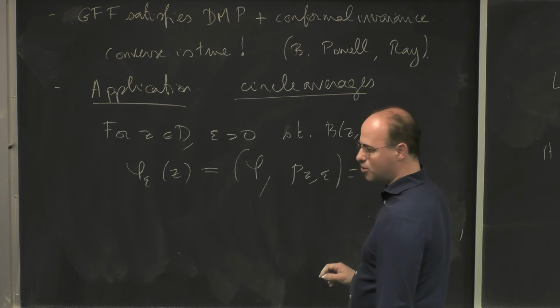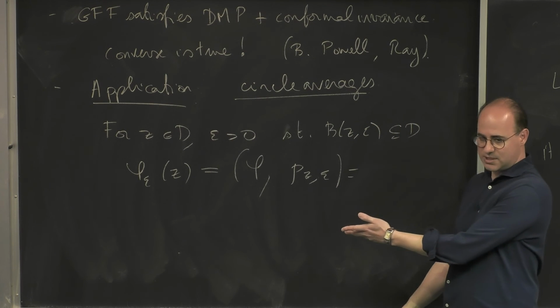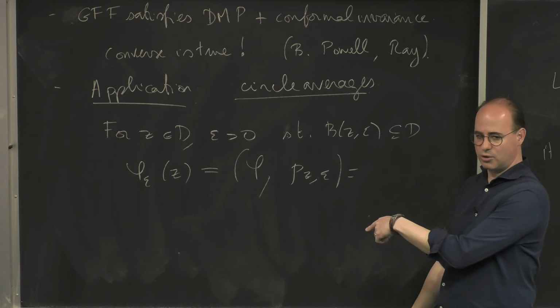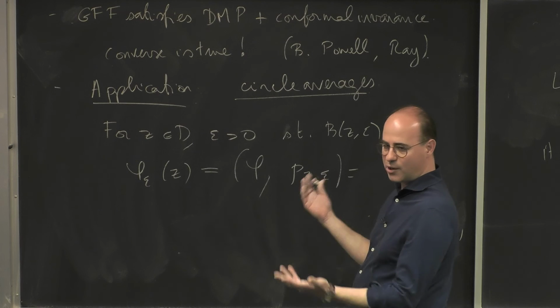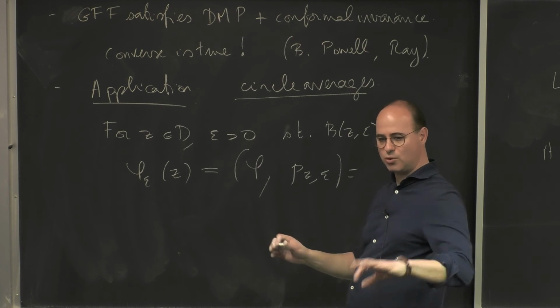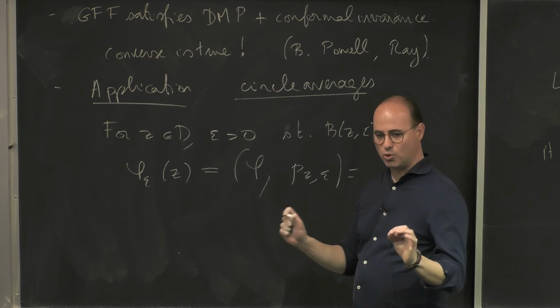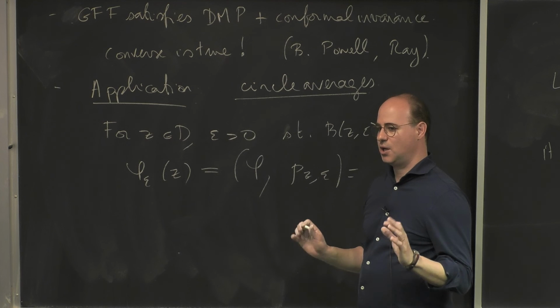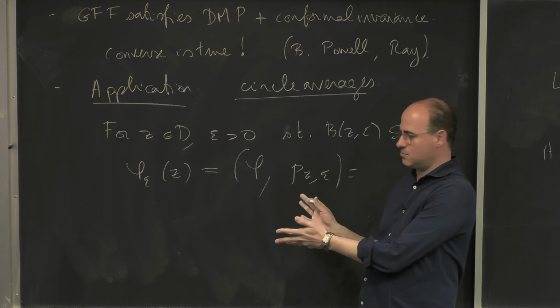I take a small circle around z, and I integrate against the uniform distribution. We've seen that it makes sense to do that on a small circle around z. So you can think that this is a way of regularizing your Gaussian free field. For every point z, you take the average value of this Gaussian free field at a small distance epsilon. And you can ask yourself, as you send epsilon to 0, what happens to this quantity?